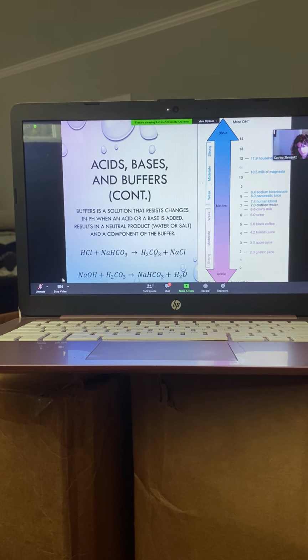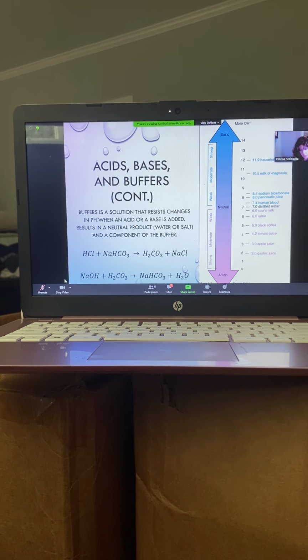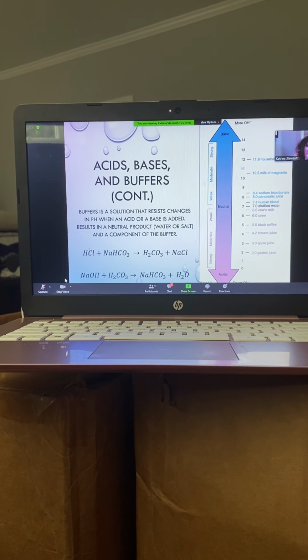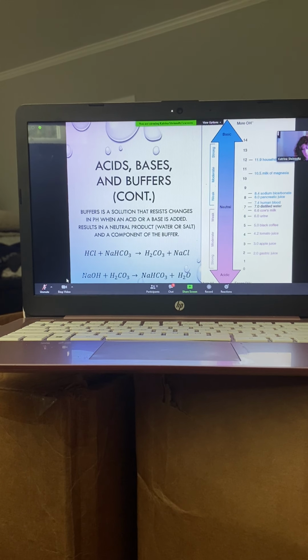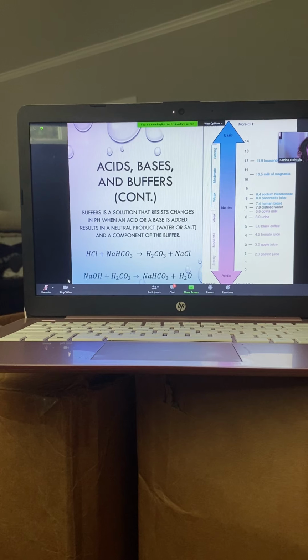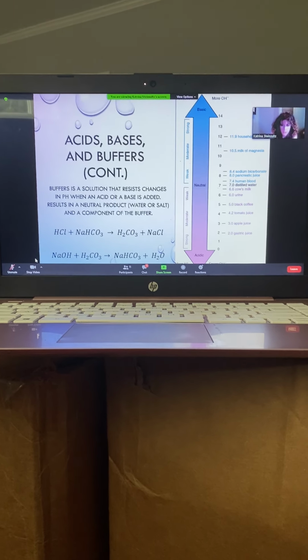It's going to combine to make a weak acid and a salt. So basically the acidity is not going to change. It's not going to get much stronger, and not much weaker. The same thing with the bases: here's a strong base, and you end up with a buffer and water.